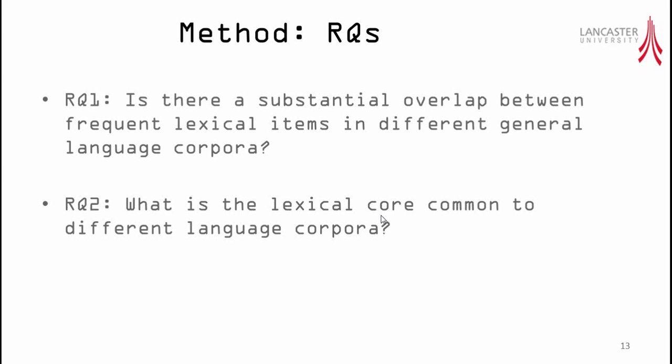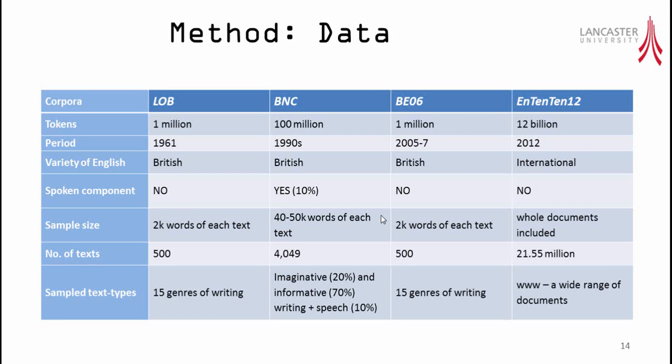And the second research question we addressed was, well, if there is such a lexical core, what are the items? What are the lexical items in this common core? We used 4 different corpora to answer these research questions: the LOB corpus, BNC, BE06, and EnTenTen 12.